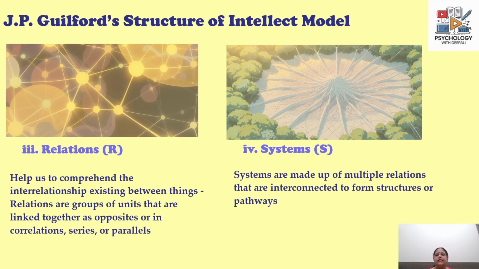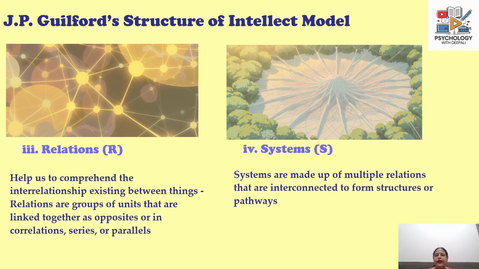Systems are made up of multiple relations that are interconnected to form structures or pathways. So, for example, if I talk of how we construct a sentence, it will have a subject, it will have a verb, it might have an adjective or even an adverb. So there is a particular grammatical rule or structure which will tell us how we form a sentence, which comes first, which comes after that.